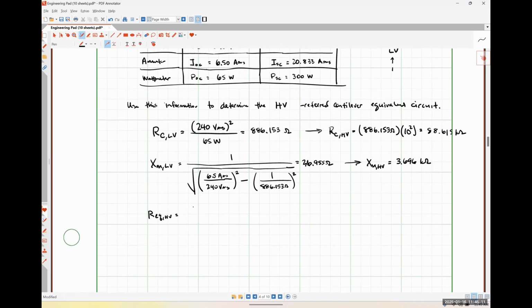So that's going to be 300 watts divided by 20.833 amps squared. That's 0.691 and some change ohms, or 691.222 milliohms, okay, which seems fairly reasonable.